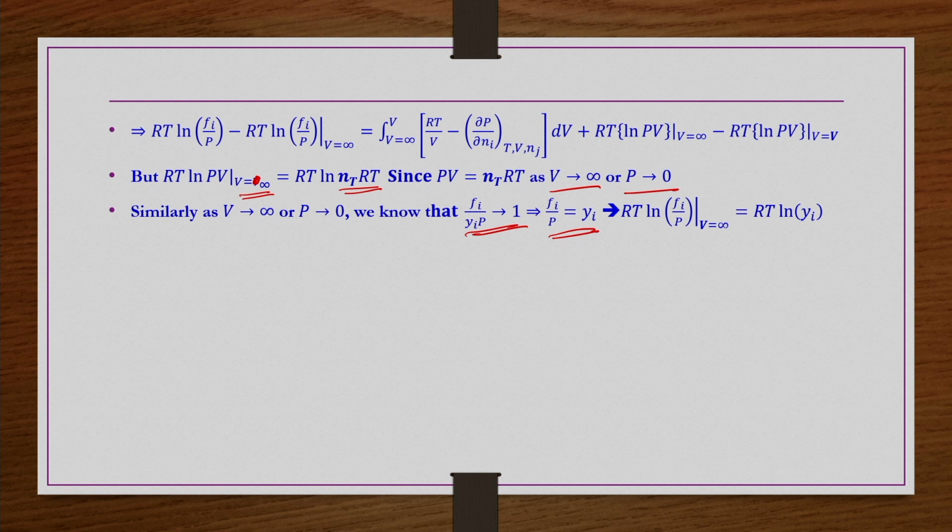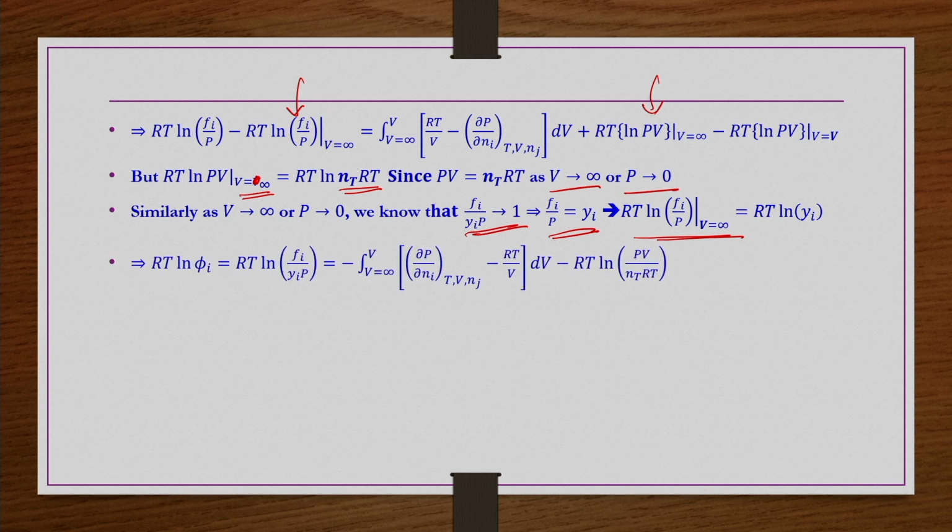So, f_i by y_i P is 1, that means f_i by P is y_i. So, RT ln f_i by P at V equal to infinity is nothing but RT ln y_i. So, here we can substitute ln y_i, and here we can substitute ln n_T RT.